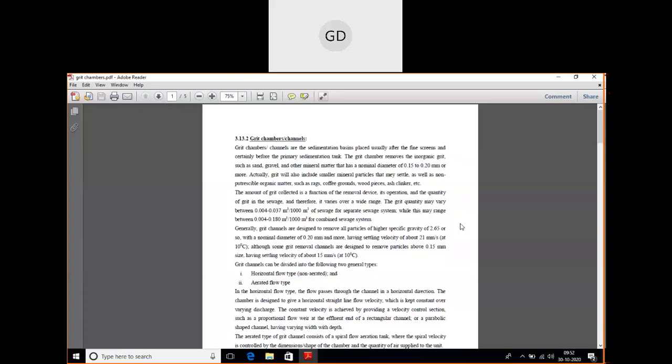Therefore it varies over a wide range, and the grit quantity may vary between 0.04 to 0.037 meter cube per 1000 meter cube of sewage for a separate sewage system. All these values you have to note down, because some values you will require for numerical purposes. So you need to remember some of these values.